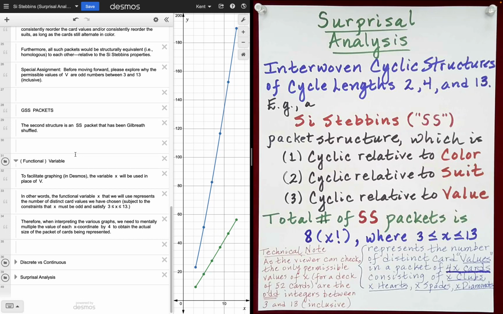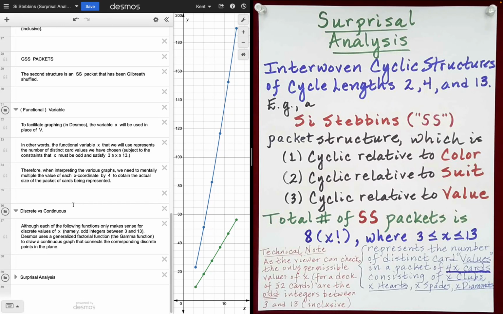Therefore, when interpreting the various graphs, we need to mentally multiply the value of each x-coordinate by 4 to obtain the actual size of the packet of cards being represented.